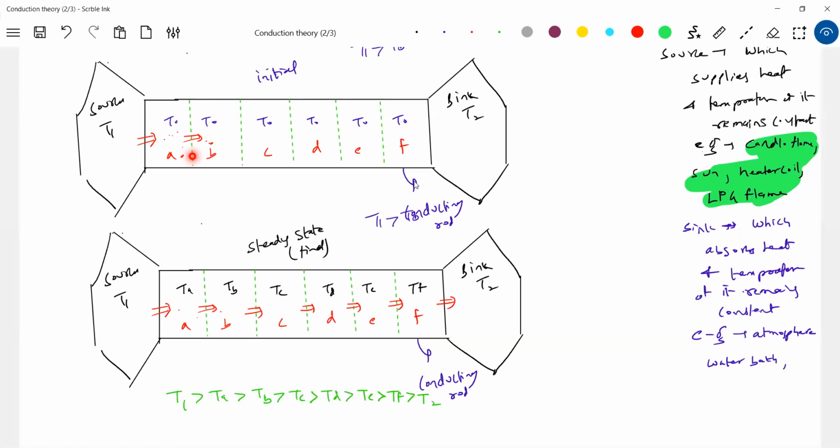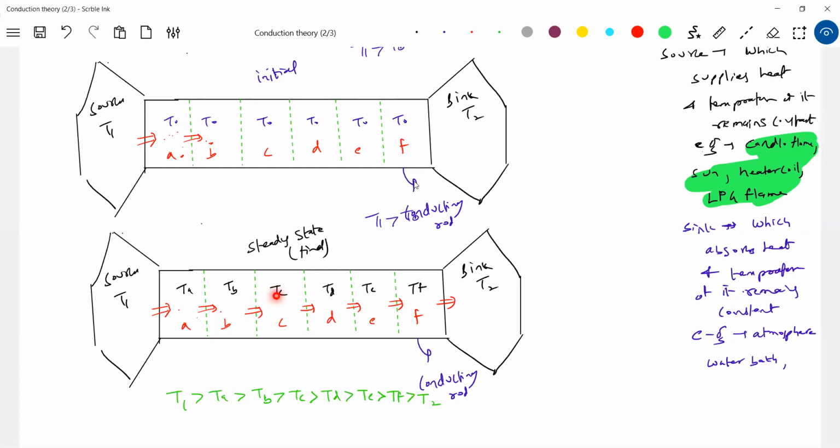But initially, each segment will absorb heat from T0 and attain temperature TA; segment B from T0 to TB. Initially the temperature of the rod is T0 at all points. When I connect between source and sink, the different segments will acquire different temperatures. This is called a properly lagged rod.